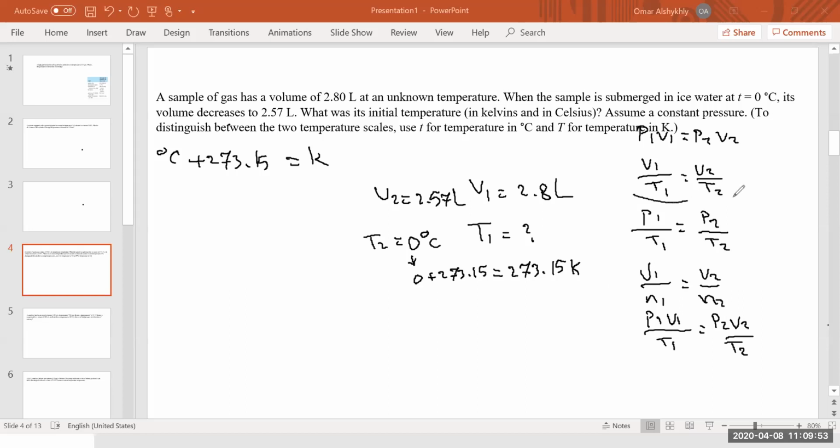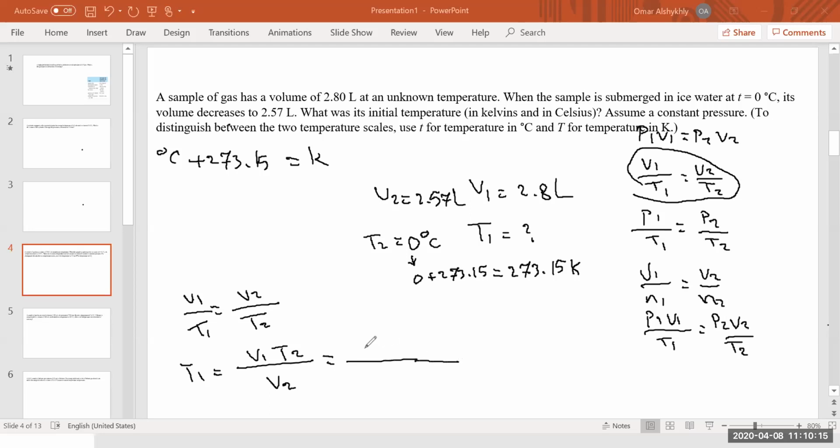Now, which equation will we use? We will use this one. So here, V1 divided by T1 equals V2 divided by T2. We need to find the T1. So it will be V1 T2 divided by V2.